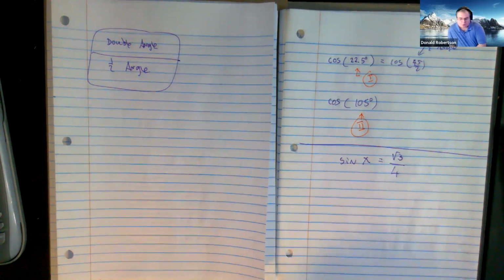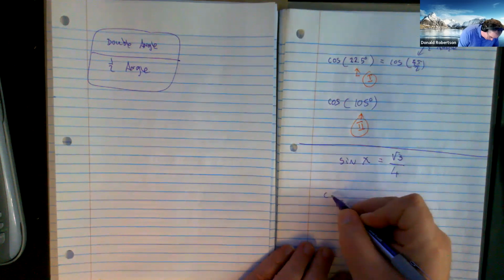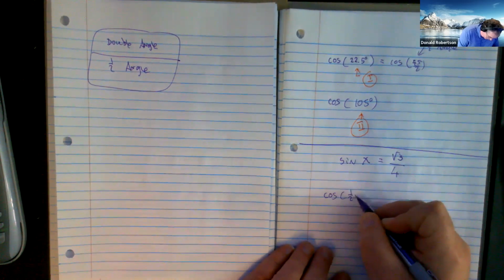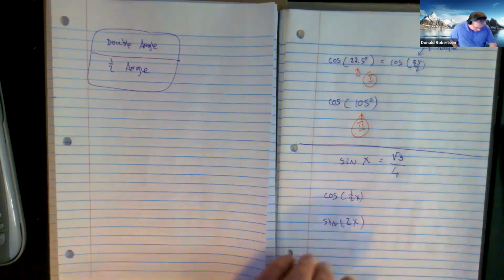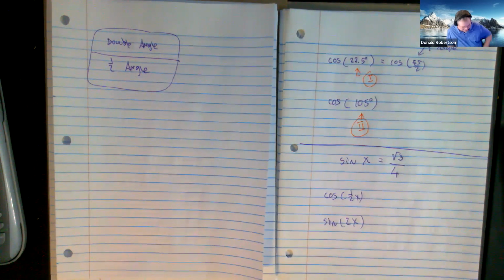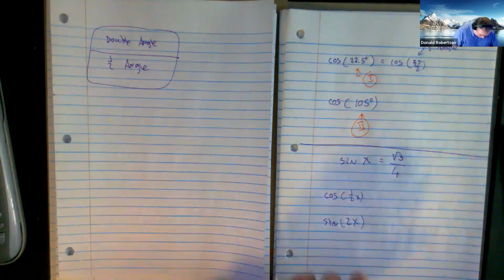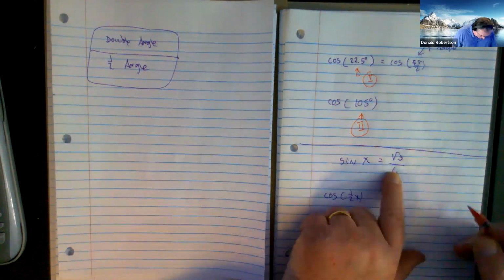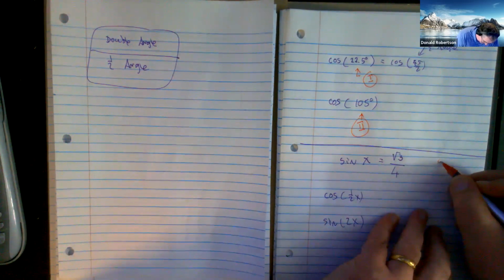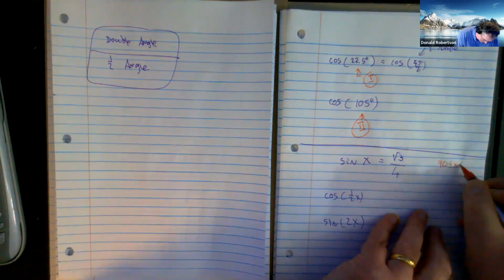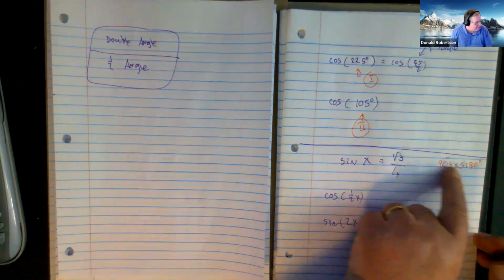You know the kind of question where they tell you the sine of x is √3/2, and they want you to find, say, the cosine of the half angle or the sine of the double angle? Those kind of questions are a little bit trickier. So let me show you how that would work out. They have to tell you a little bit more than just this. They always tell you something like, you ever seen it where they tell you that?